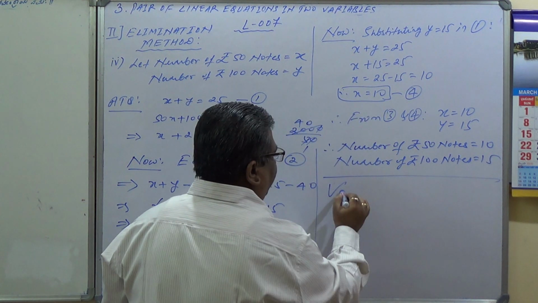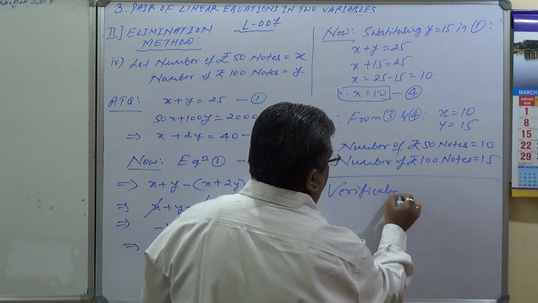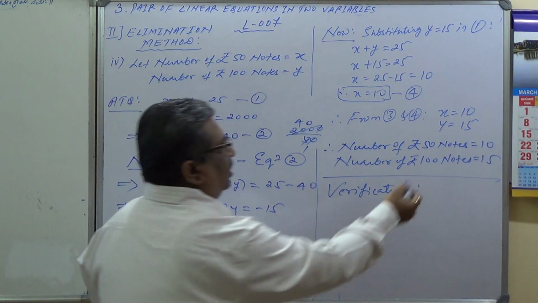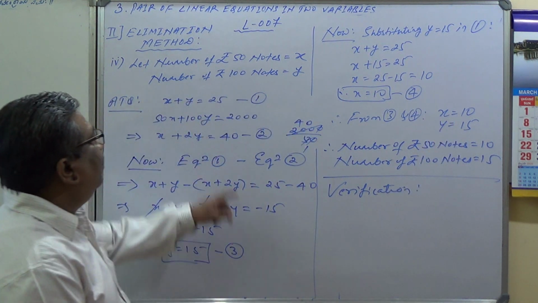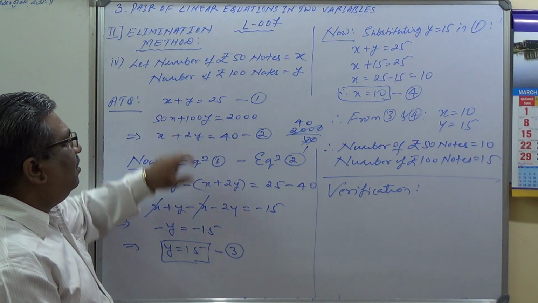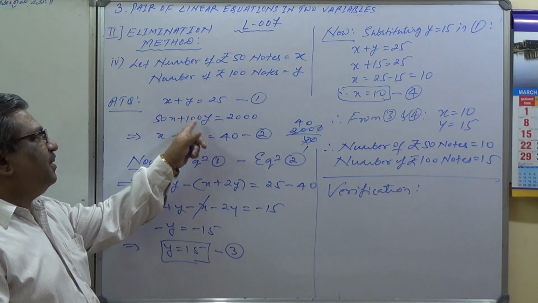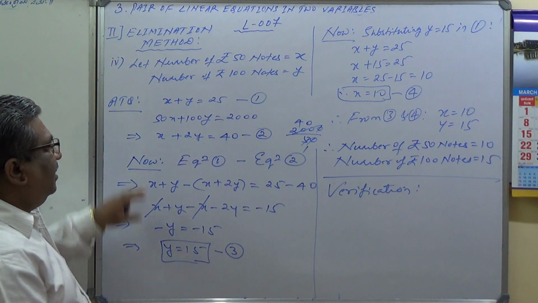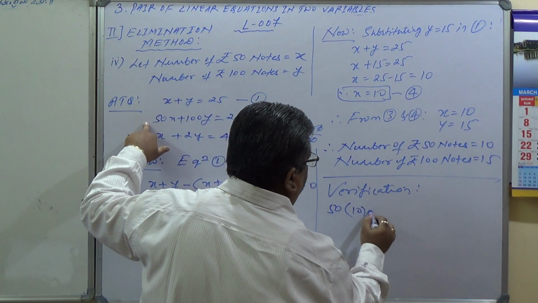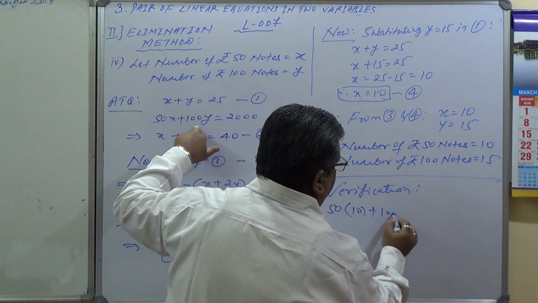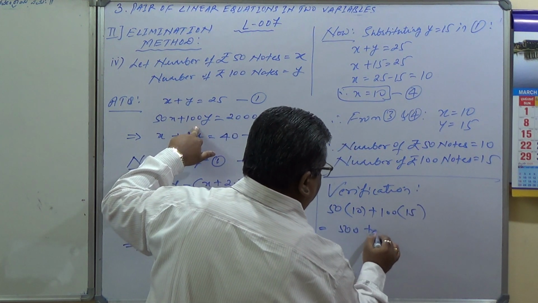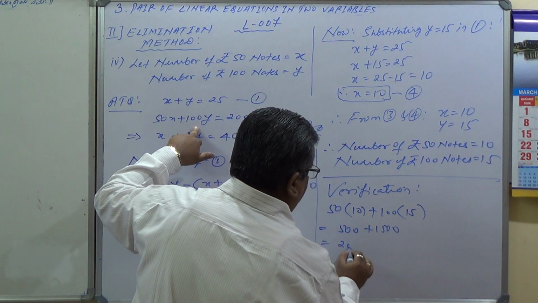Let us do the verification here. What is the amount that I should give? See, the total number of notes is definitely 25 over here, which is satisfying equation number 1. Whether does it satisfy equation number 2 or this equation, 50x plus 100y equals 2000. Let me check here. 50 times x is 10 plus 100 times y is 15 equals 500 plus 1500, which is equal to 2000.